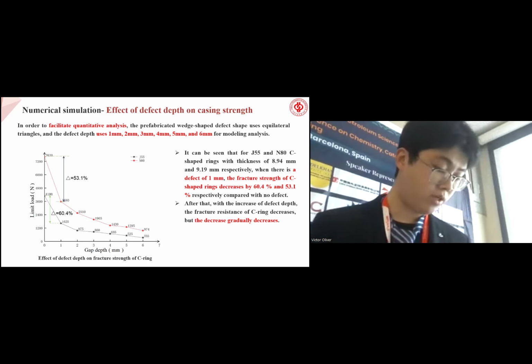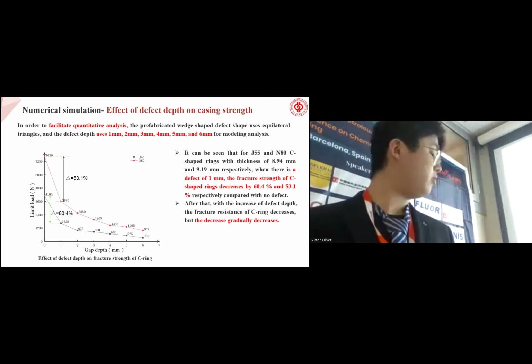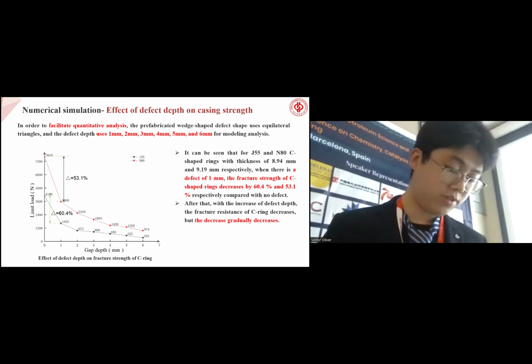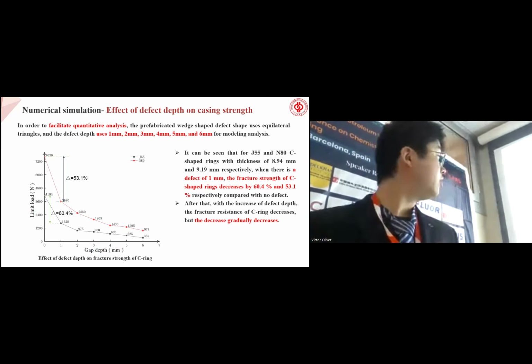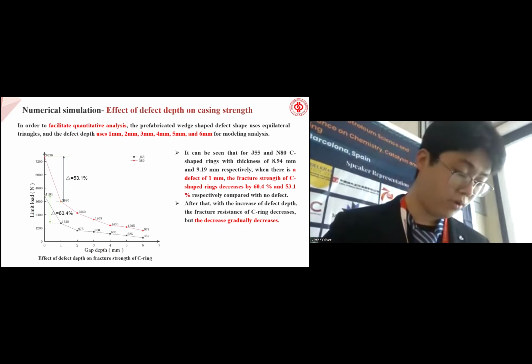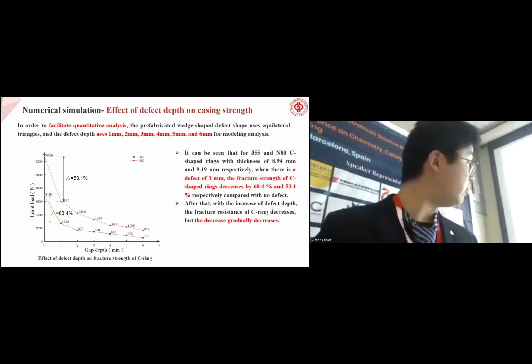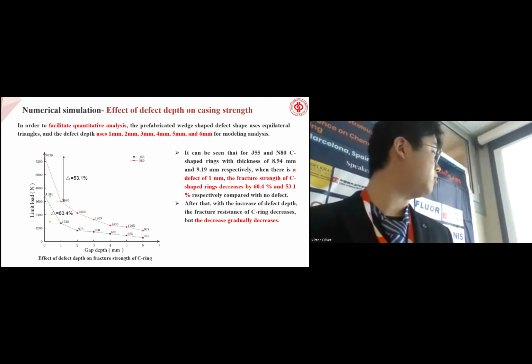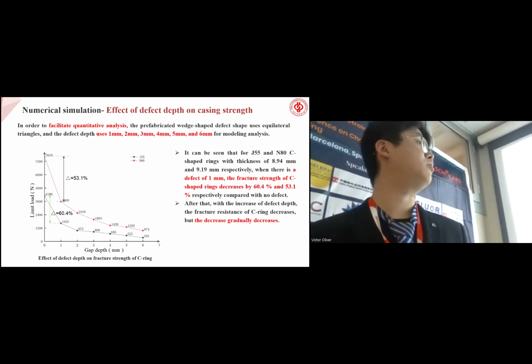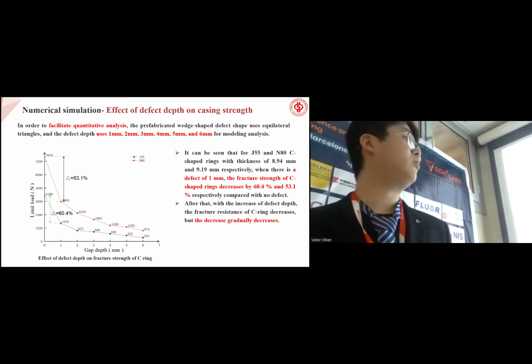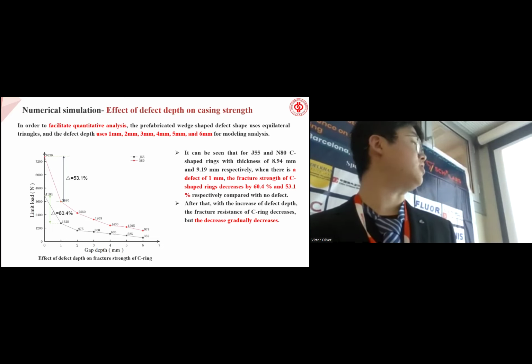We can see that with a 1 millimeter defect, the fracture stresses of casing decreased by 16.4% and 53.1% compared with no defects. After that, with the increase of the defect depth, the fracture stress of the casing decreases, but the decrease generally becomes less.